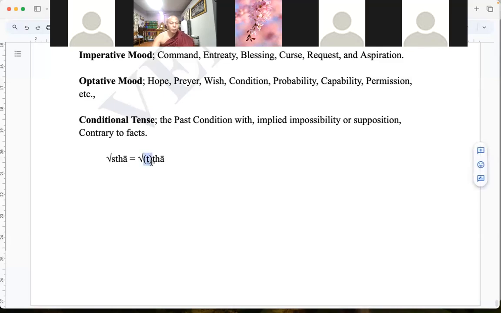But joining with the preceding vowel, like the augment or prefix, that ta appears again. Not because of reduplication. So it means that we double the T, right Bante? Yeah. Thank you, Bante.